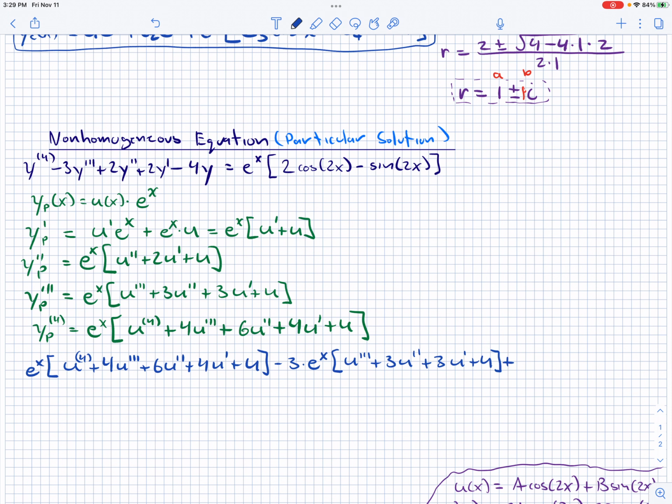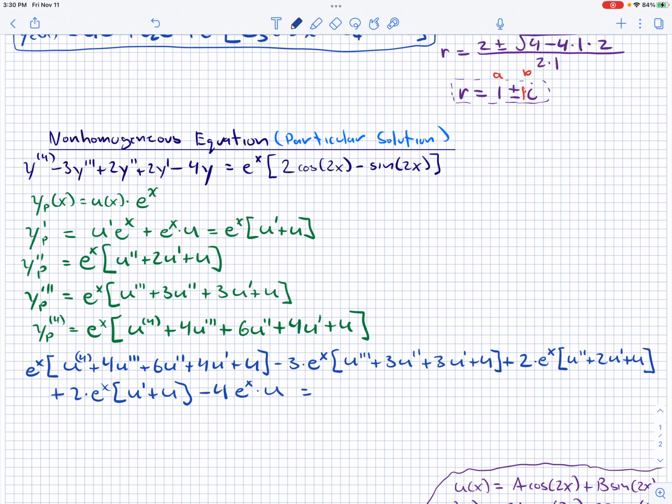plus 2y double prime, so 2, and y double prime is e to the x, u double prime plus 2u prime plus u, plus 2y prime, so y prime is e to the x, u prime plus u, and the last term minus 4 times y, and y is just e to the x times u.